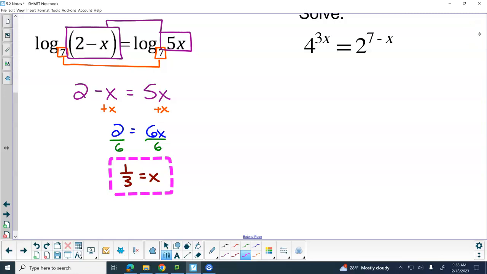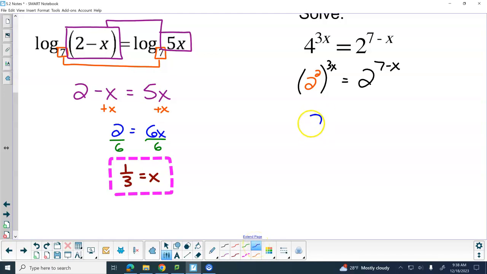Now, if you have exponential equals exponential, you also have to have the same base. Do we have the same base here? We don't, but 4 can be written as 2 squared. Power to a power, thinking back to all of our exponent rules, that means I'm going to multiply those two.